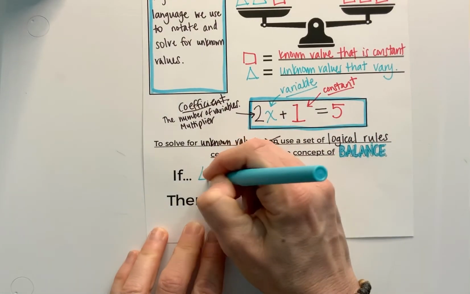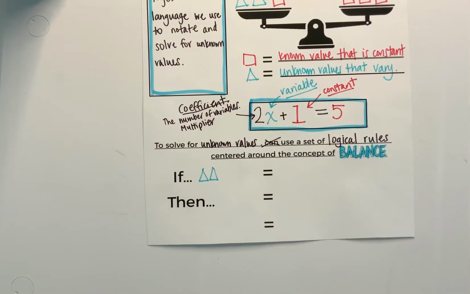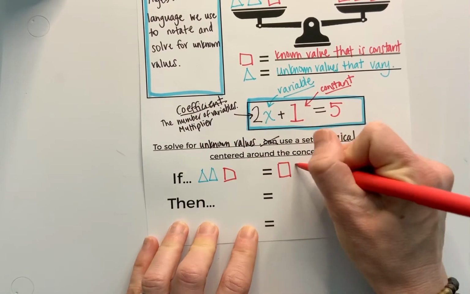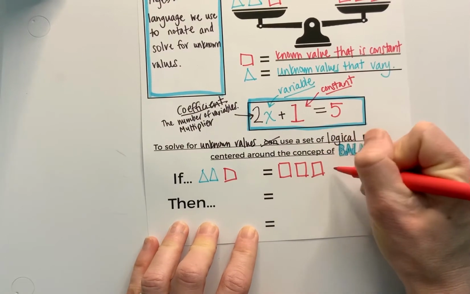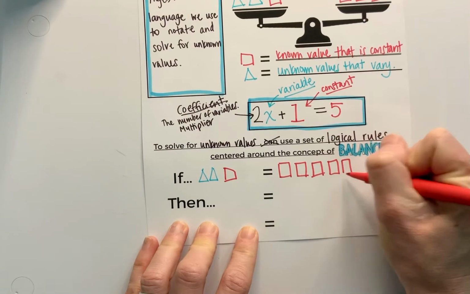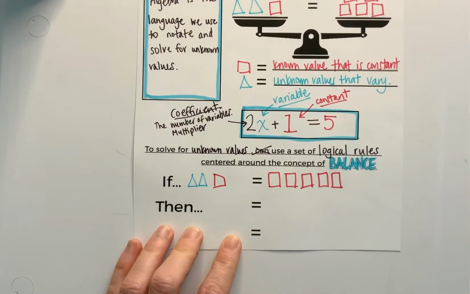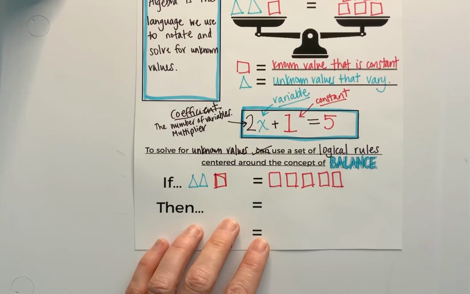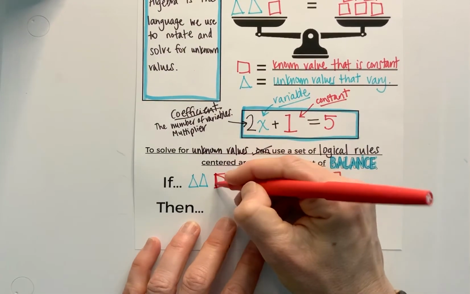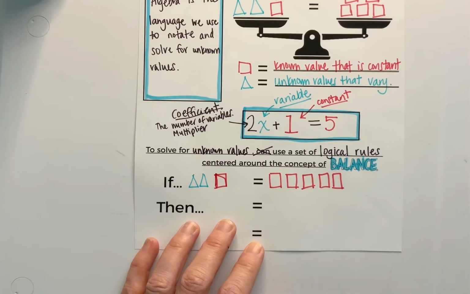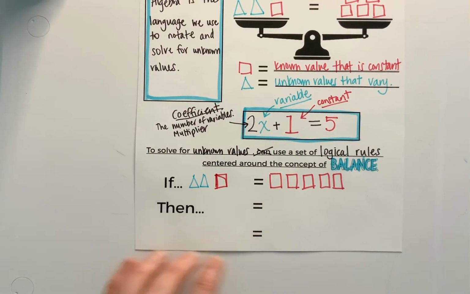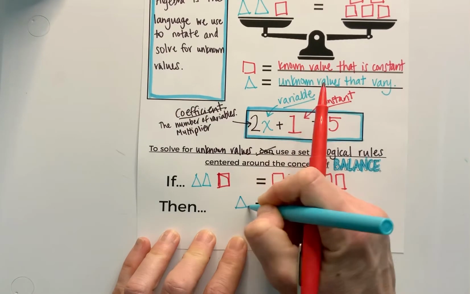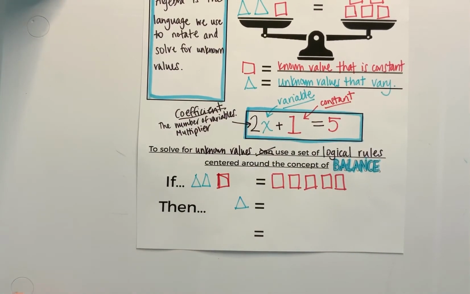Well, let's just think logically. If two triangles and one red cube are in perfect balance with 5 red cubes, I mean square in this context, then we know that one triangle, what is that going to equal?